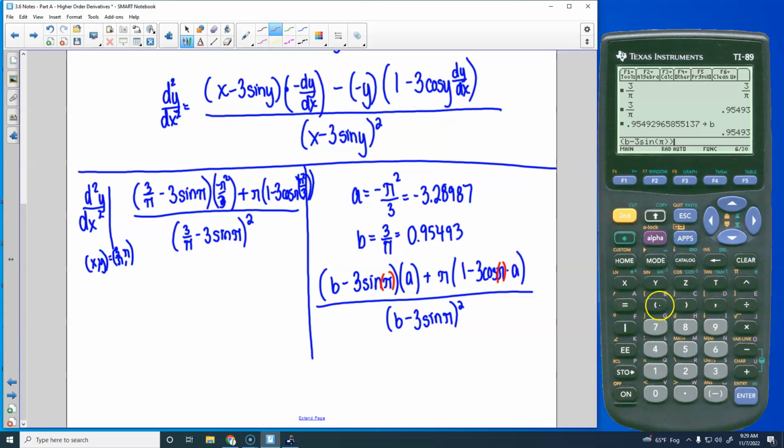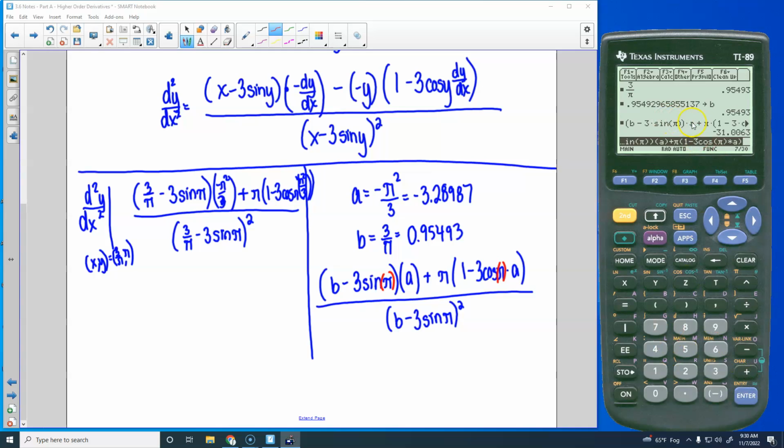And then we'll multiply that by A, plus pi times 1 minus 3 cosine pi times A. All right, I'm going to hit enter and get this numerator first, because I'm not confident that I can type the whole thing in there.